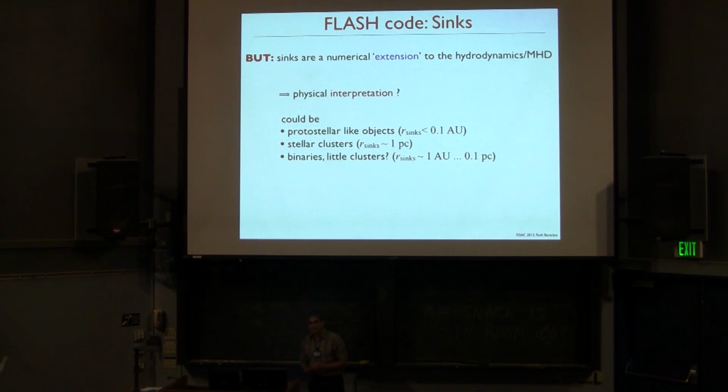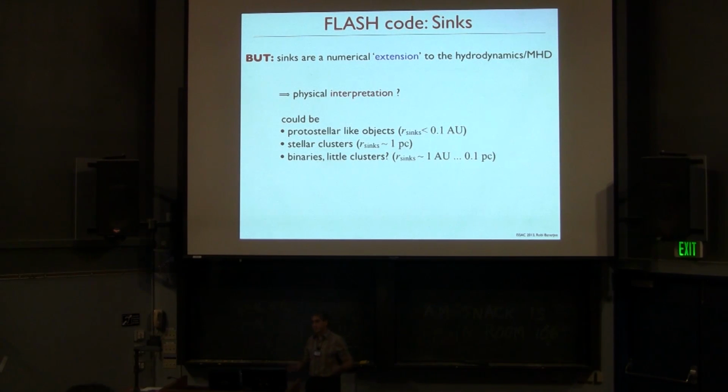And you can imagine that it depends already on the size of your sink particles. So if you simulate smaller cores with a few fragments, they can actually represent something like a protostar, if your sink particle is smaller than, say, a tenth of an AU or so.